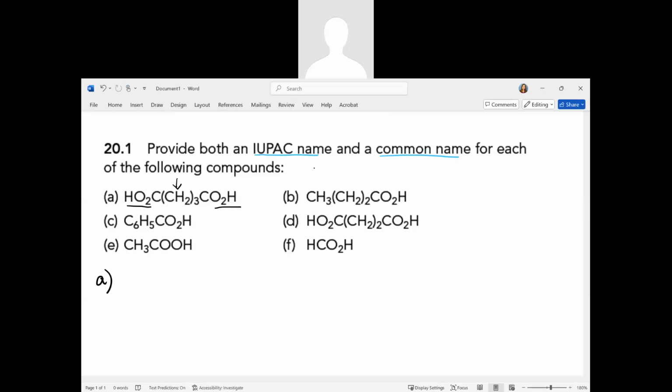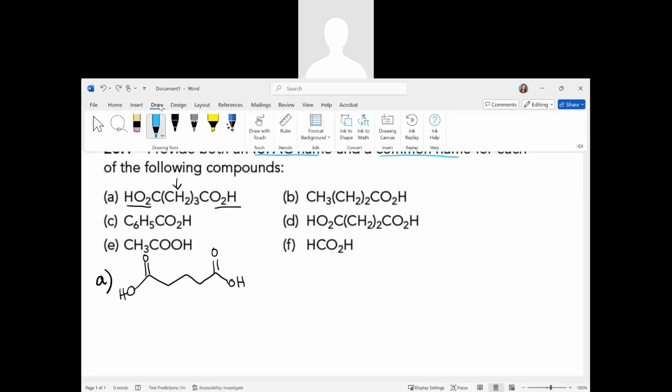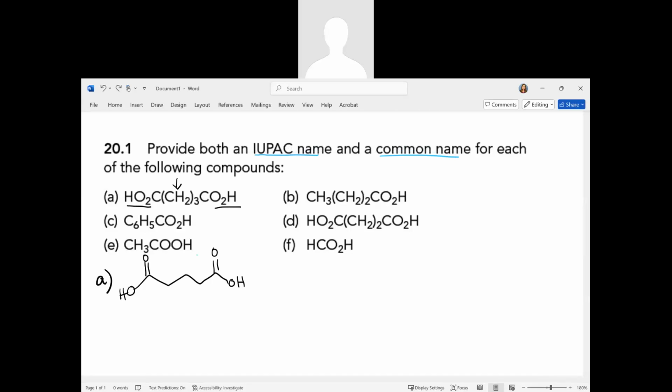If I was to sketch this out, I would see something like this. We have our two carboxylic acid groups on the end, and then 1, 2, 3 CH2 groups in the middle. So when we go to name this compound, we're going to name it as a diacid, a dicarboxylic acid.